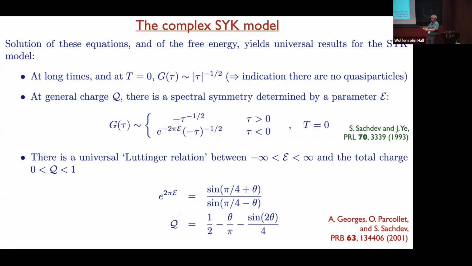And that's exactly what a Fermi wave vector is, right? It's telling you about where the excitation changed from particles to holes in momentum space. There's no momentum space here. But nevertheless, there turns out to be an exact relation given by these two equations between the particle-hole asymmetry as measured by epsilon, which is the analog of the Fermi wave vector, and the charge Q.